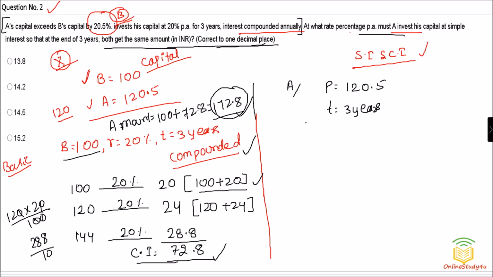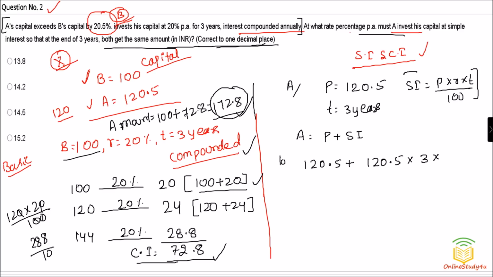Now friends, amount will be nothing but principal plus simple interest. So amount should be near to that. So principal is nothing but 120.5 and simple interest is principal into rate into time, where time will be 3. So simple interest formula you know, right? PRT by 100. Principal into rate into time by 100.